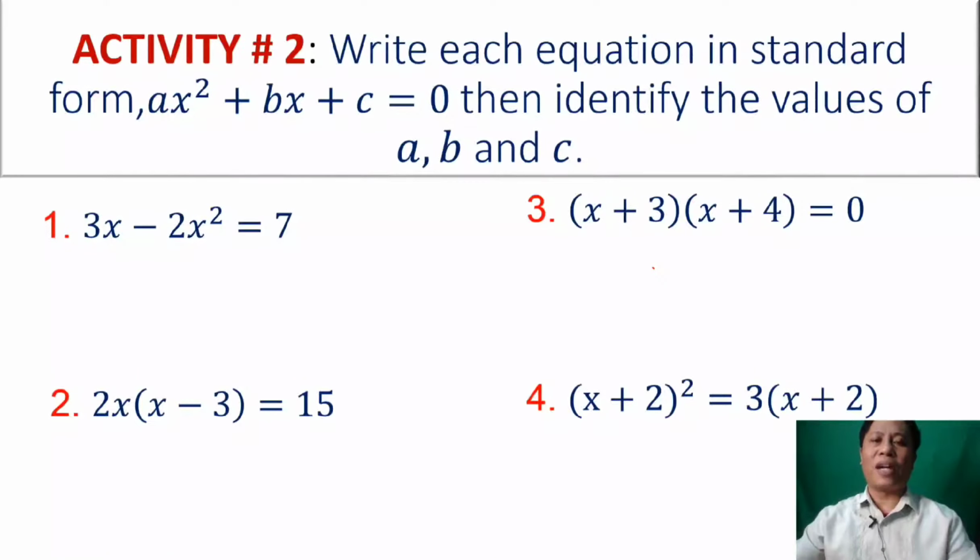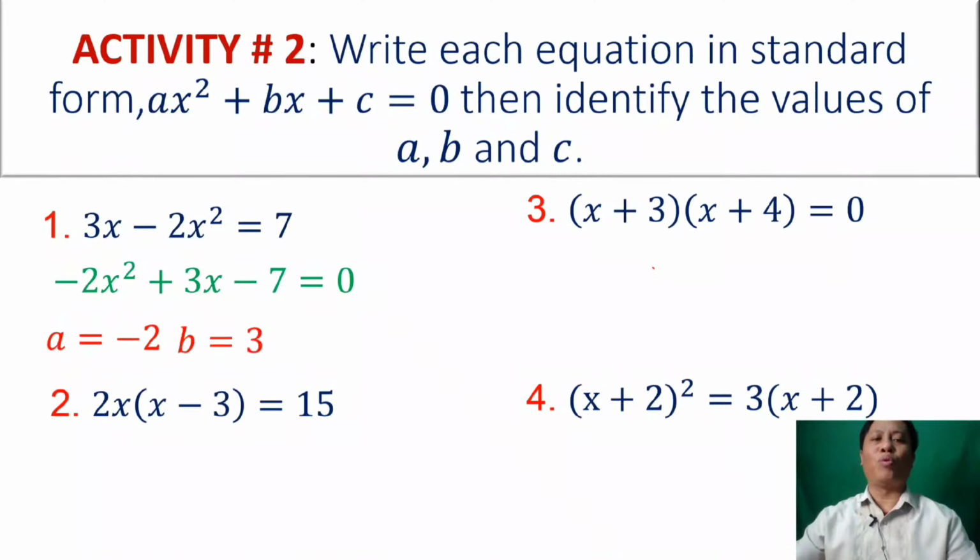The right side of the equality must be 0. So it becomes negative 2x squared plus 3x minus 7 equals 0. So that's now the standard form. What is the value of a? Negative 2. The value of b, positive 3. The value of c is negative 7.